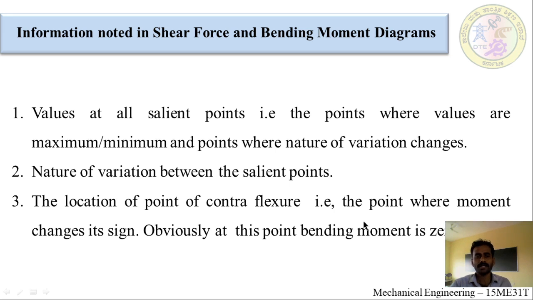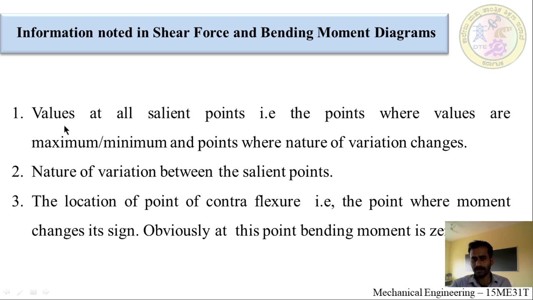Now, what is the information which can be noted in shear force and bending moment diagrams? We can see all the important points on the shear force and bending moment diagrams. The first point is values at all salient points, that is the points where values are maximum or minimum and points where the nature of variation changes.